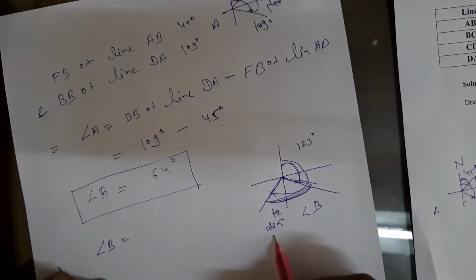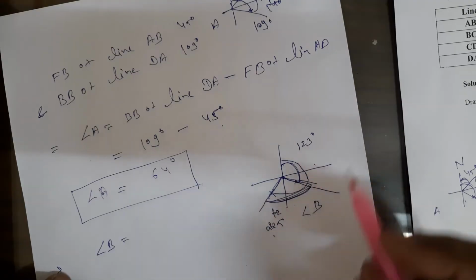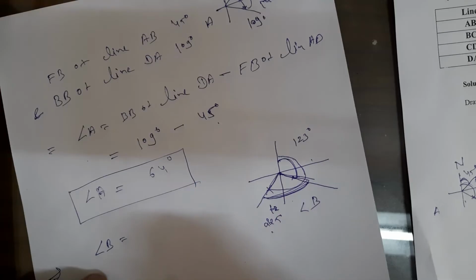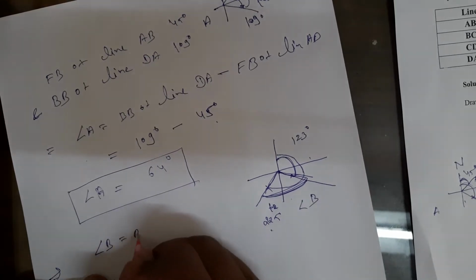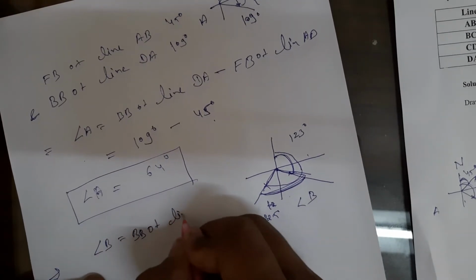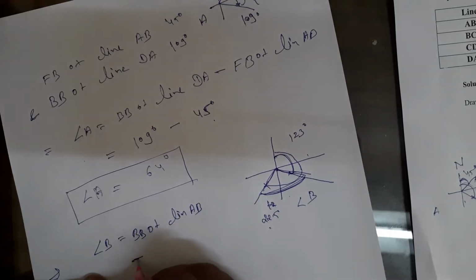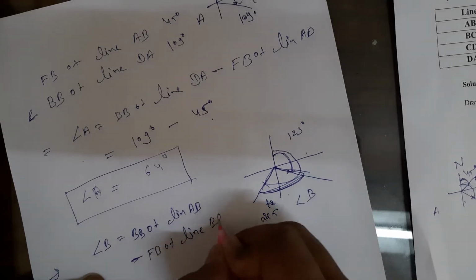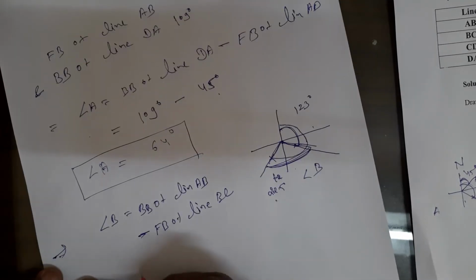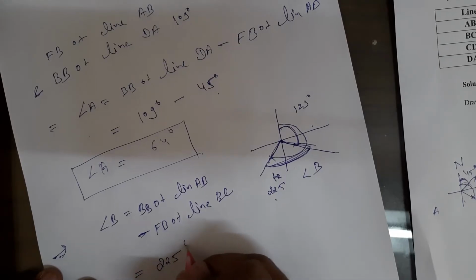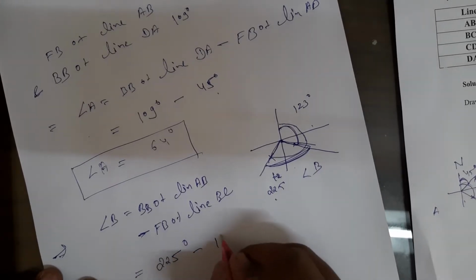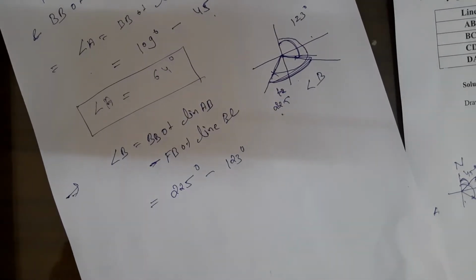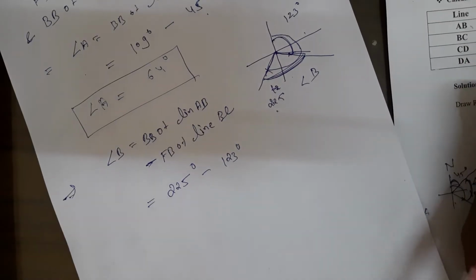From 225 minus 123, this 225 is your back bearing of AB. Okay, so back bearing of line AB minus forebearing of line BC. So 225 degree minus 123 degree 30 minutes. What is the value? Okay, sorry, in the exam it is 120 degree 30 minutes.